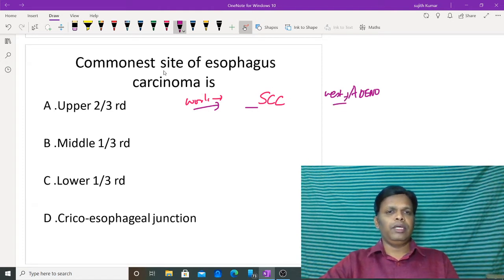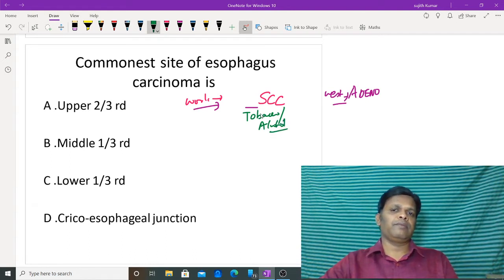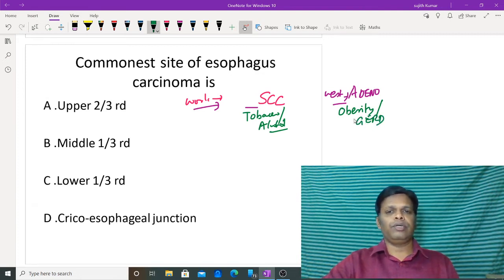And if you take the difference between squamous cell carcinoma and adenocarcinoma, the squamous cell carcinoma is commonly seen in patients who are used to taking tobacco and alcohol. So these are the common predisposing factors. Whereas in case of adenocarcinoma, the common predisposing factors are obesity and GERD.